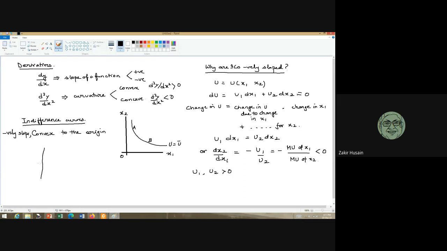I think the ma'am has discussed how indifference curves are drawn, right? Yes, ma'am. So suppose we are at a point like this. This is A. Now, what does the axiom of greed say?